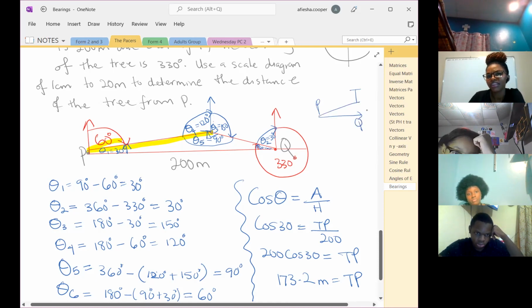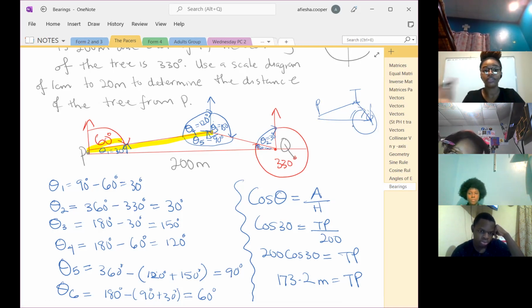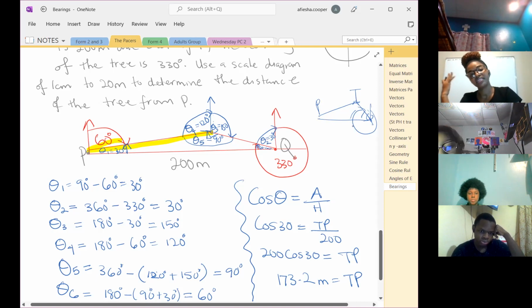But when they tell you the bearing is 330, if I do this, I'll have to connect that line here and make the 330. So it will be a little further, right? Just a little bit, right? So it's all about knowing your placements, right? And that was basically the hard part, knowing the drawing, and then everybody else could have figured out the angles of the triangles using the 180, using the co-interior angles, using the 360, etc.